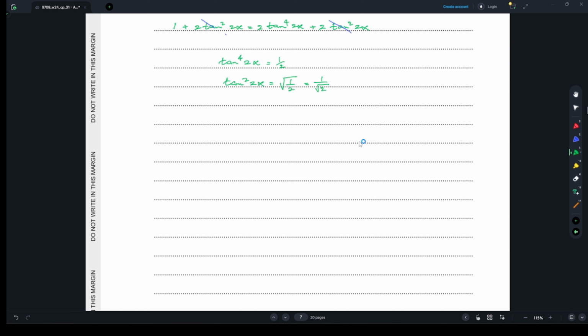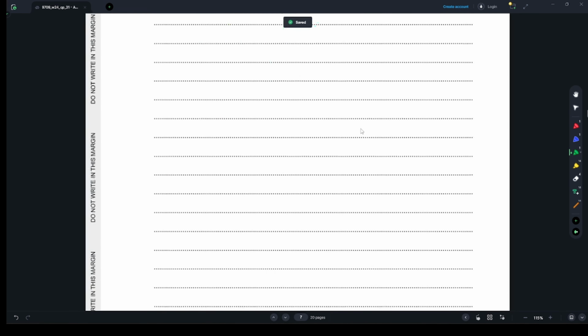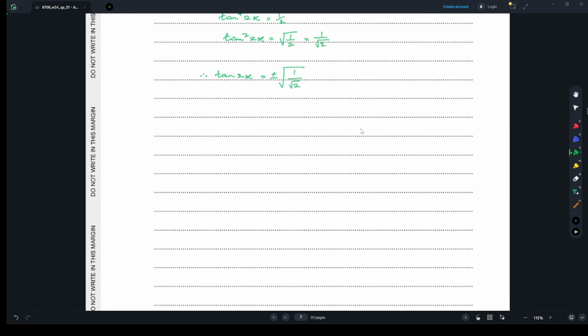And then therefore I can write tan 2 alpha. So now for this one I have to consider plus or minus root of 1 over 2. Okay, done. Now we have to solve the equation and find the answers.